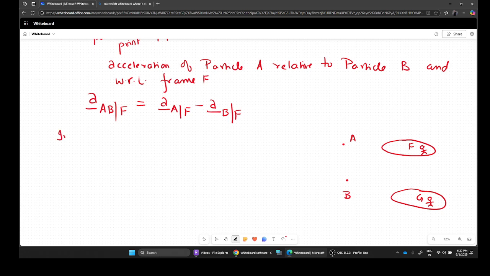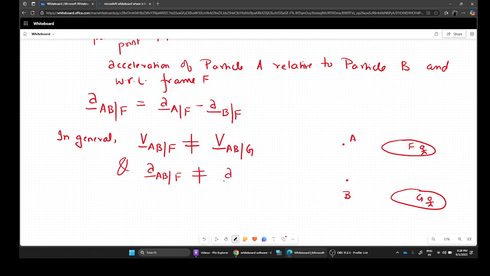Do keep in mind that in general, the velocity of point A relative to B with respect to F will not be the same as the velocity of A relative to the same point B but with respect to another frame G. A similar inequality in general will hold for the acceleration as well.